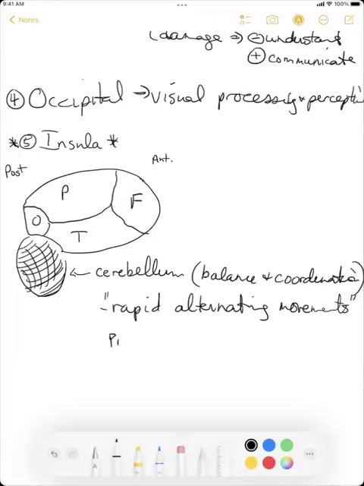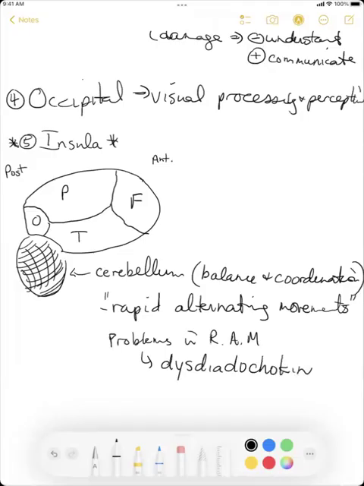So problems with rapid alternating movements is referred to as, it's a long word, dysdiadochokinesia. Rolls right off the tongue. Just in case you ever read that term, people who have dysfunction of their cerebellum will often demonstrate dysdiadochokinesia, so an inability to complete rapid alternating movements.